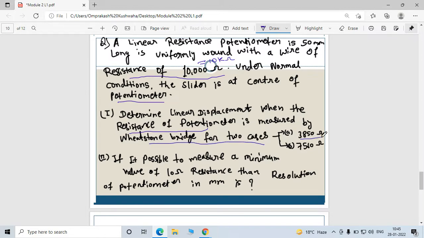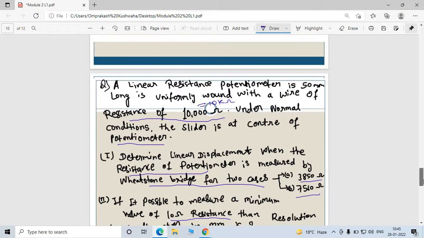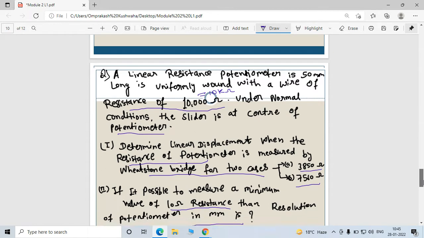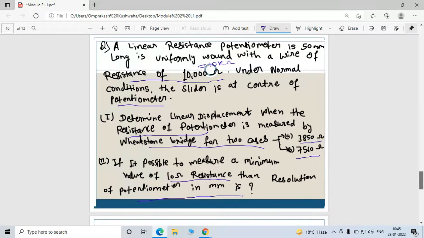For example, case 1 is 3850 ohm and 7560 ohm. And second, if it is possible to measure the minimum value of 10 ohm resistance, then what is the resolution of the potentiometer? So these two questions are given to you, try to solve it.